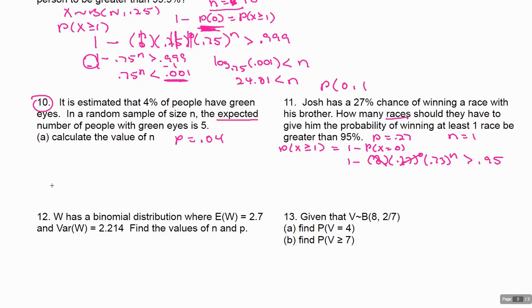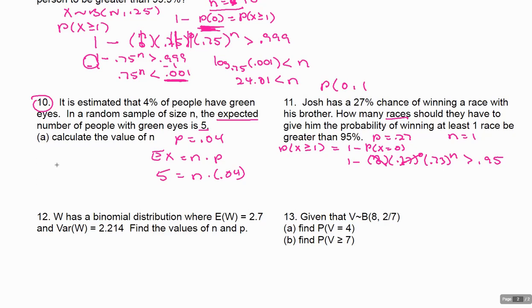But we do know the expected value is 5, right? So since the expected value is equal to N times P, all I got to do is take 5 equals N times 0.04, and then divide it. Okay? So that one's just taking the expected value formula and kind of working it backwards.